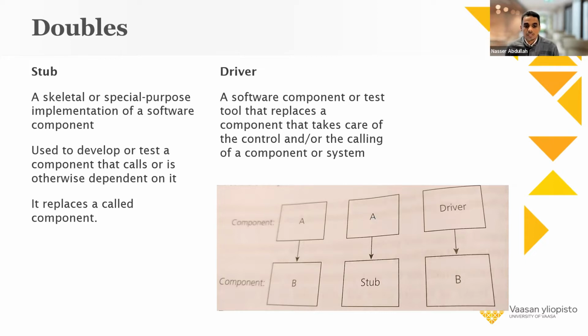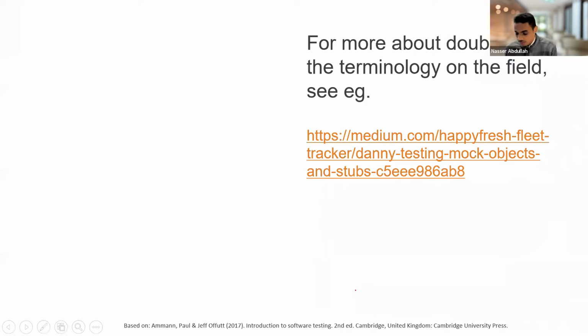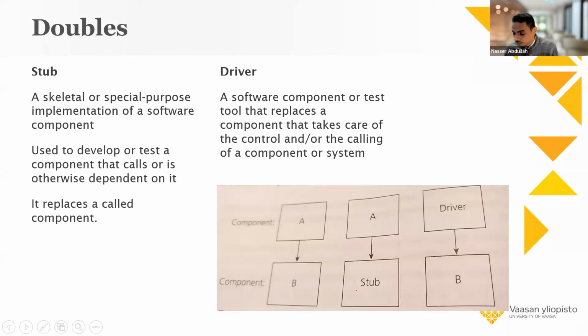Say you want to test A, but B is not ready. You will create dummy code to do the function of B. This code is called a stub.